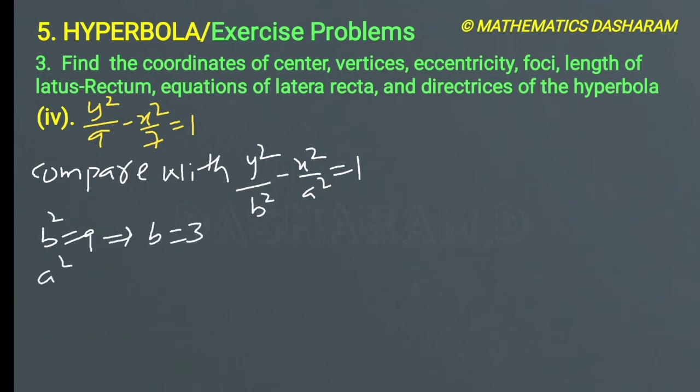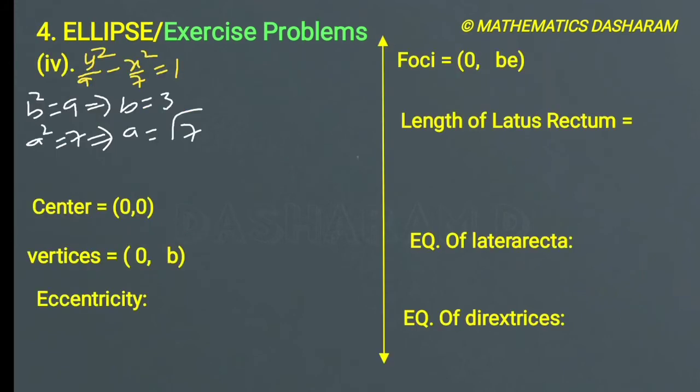Next a square equals 7. So 7 is not a perfect square number, then a equals under root 7. So the center is 0 comma 0. Next the vertices, there are two vertices, so 0 comma plus or minus b. 0 comma plus or minus b value is 3.